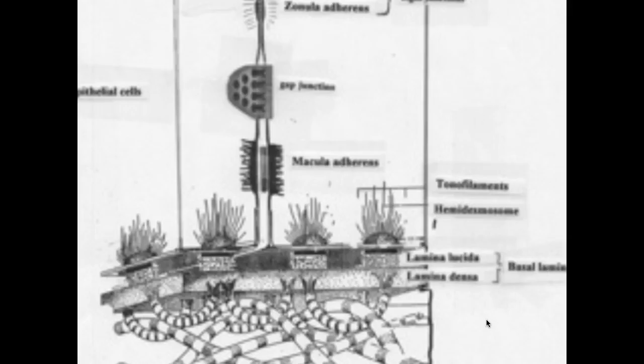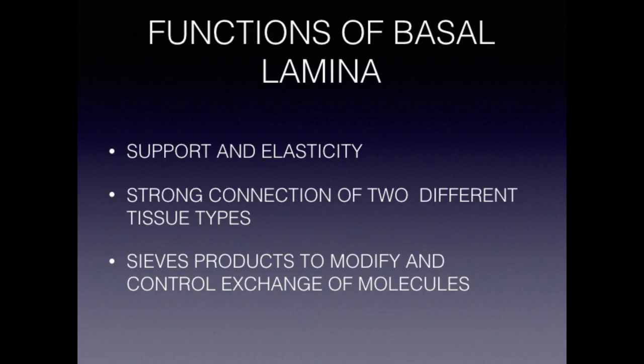I apologize, it's not a great picture of it, but here we have the lamina lucida, the light layer, and lamina densa, and then we have the anchoring fibers down in the connective tissue. So there's always this basal lamina between two different tissue types. We used to call it the basal or basement membrane, so it had two names, but now we call it the basal lamina. So you may see it as both in some of your textbooks.